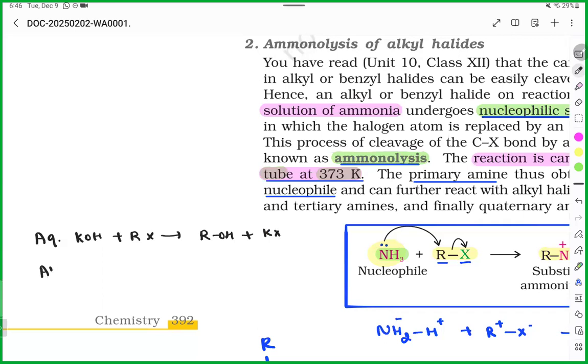But if you have alcoholic KOH reacting with RX, then dehydrohalogenation will happen, an elimination process. And because of that, KX will come out and water will also come out. Correct? This is what happens in alcoholic form.